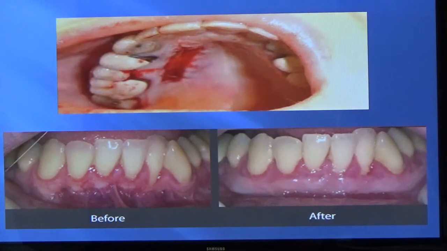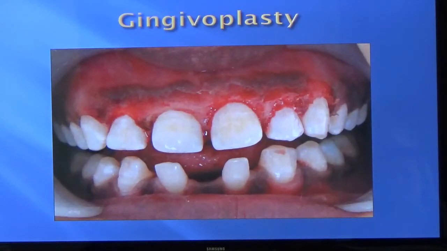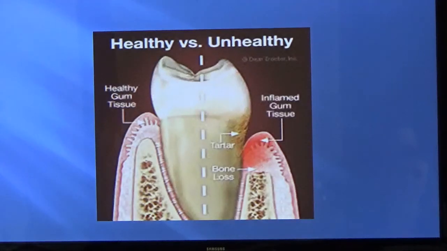After about a week, you're gonna feel the sore spot, but it won't really hurt. But sometimes they'll put like a little retainer up there just to keep it covered, because it does hurt. Not comfortable. Again, gingivoplasty here, they're just recontouring the tissue.